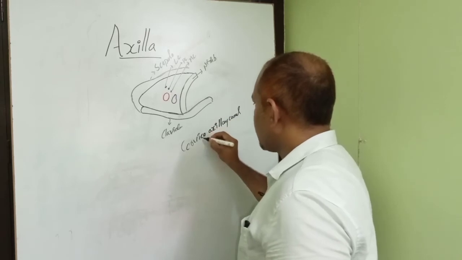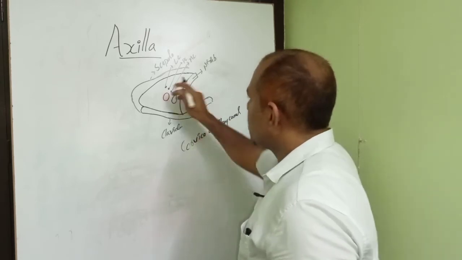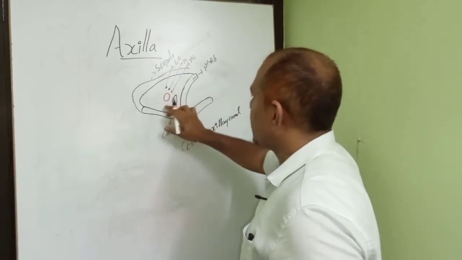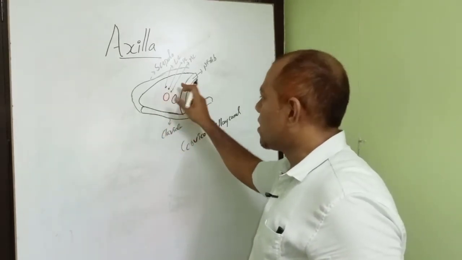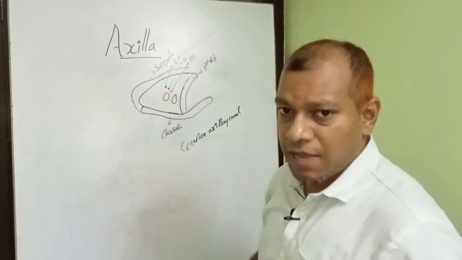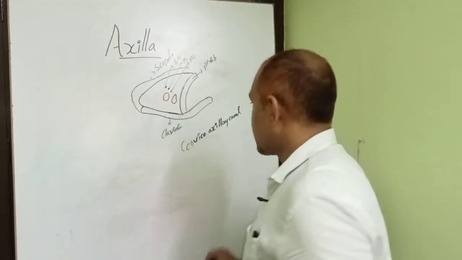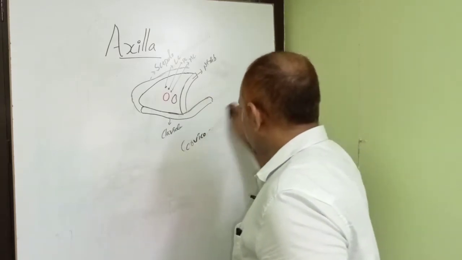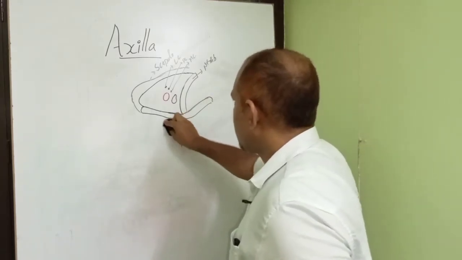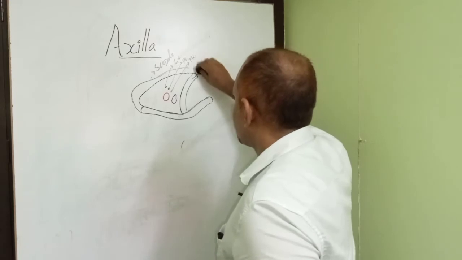So why is it called the cervico-axillary canal? Because it is a canal-like structure through which the vessels and the nerves are passing. That's why the apex is called the cervico-axillary canal. So that is about the apex. Now what about the anterior wall, posterior wall, medial wall, and lateral wall? Now I will explain.